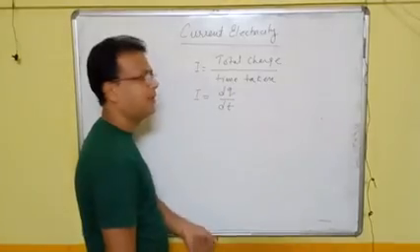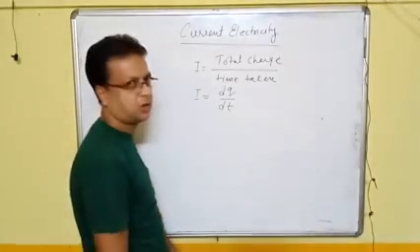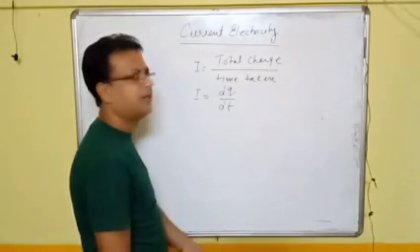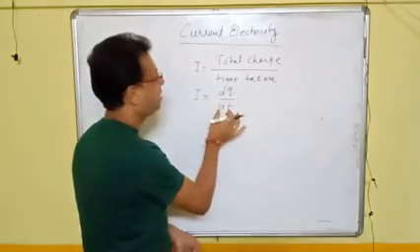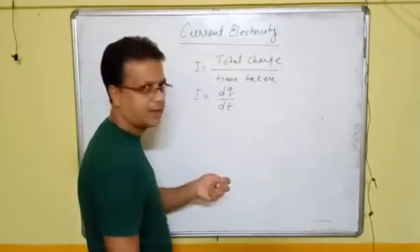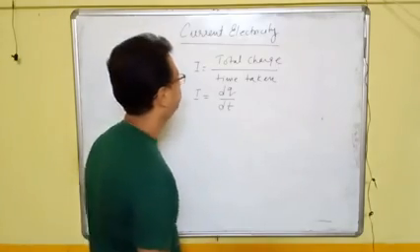Here dq is a small amount of charge flowing in a small time dt through a conductor.